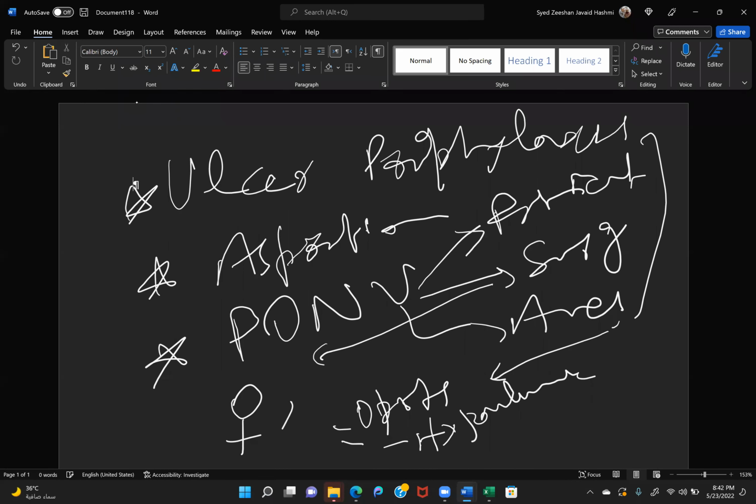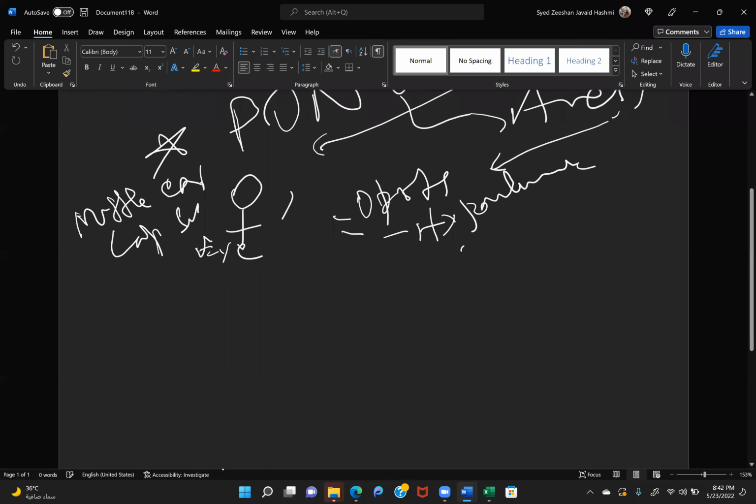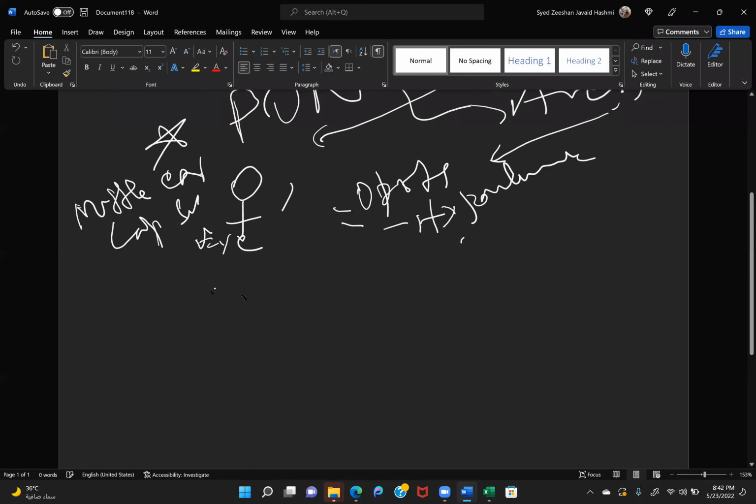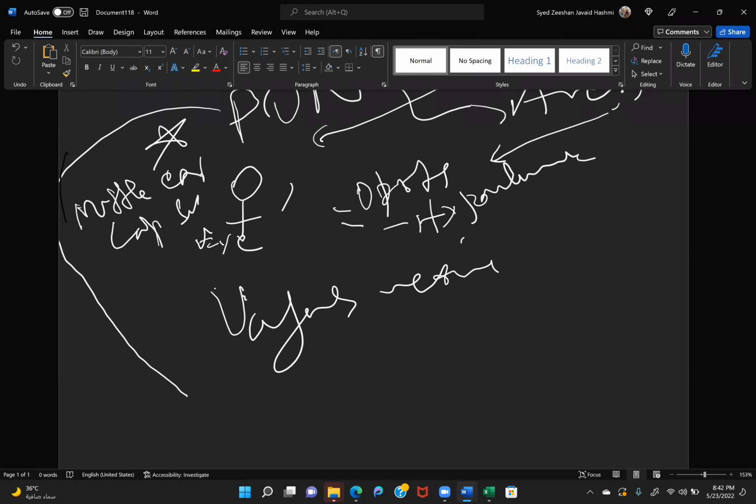Similarly, surgery of the middle ear, laparoscopic surgery, eye surgery, any surgery where there is vagus nerve involvement, there are more chances. So you will be thinking about it, and then you will be managing accordingly. But what other optimizations can you have?